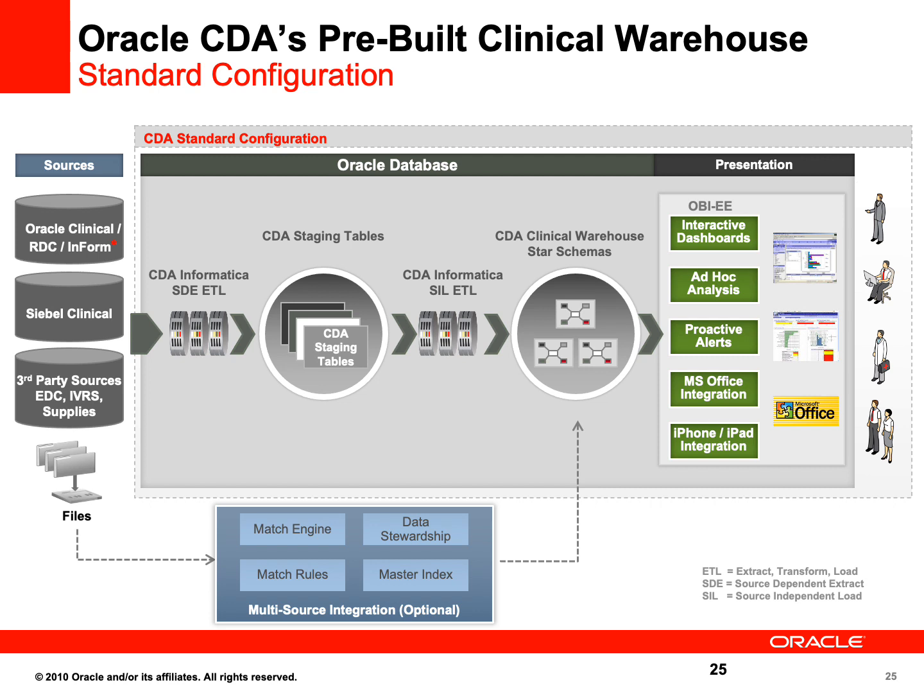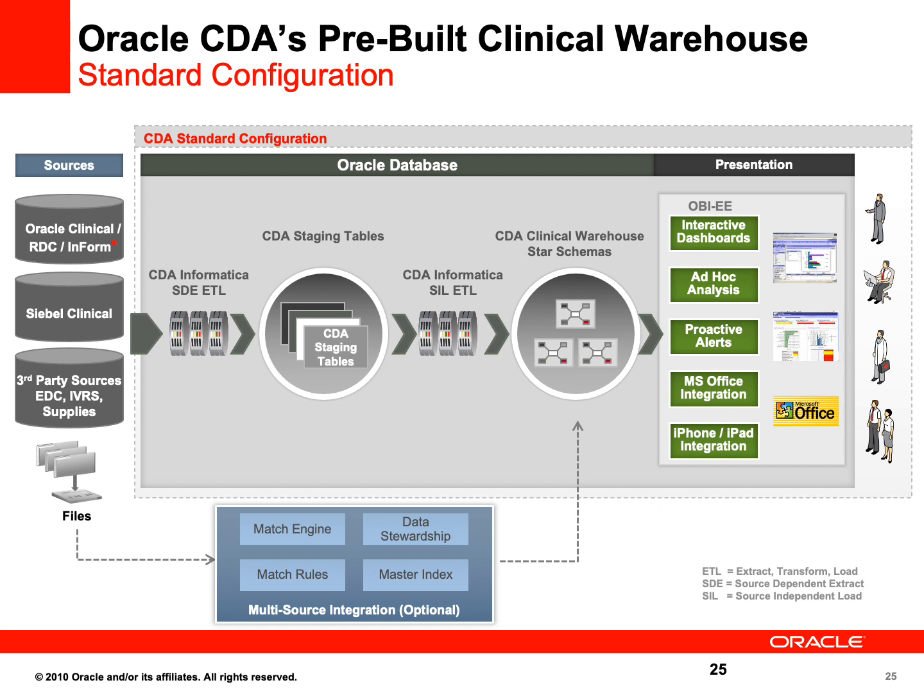Here we have this SDE ETL, that's a source-dependent extract, and then we have extract, transform, and load. Figure all of that out. Create the staging tables. Then maybe create another set of ETLs so that we can create our data warehouse. And then on top of that, build out the reports. Why not leverage something that's already pre-built so that you're getting a faster time to value and improved return on investment?